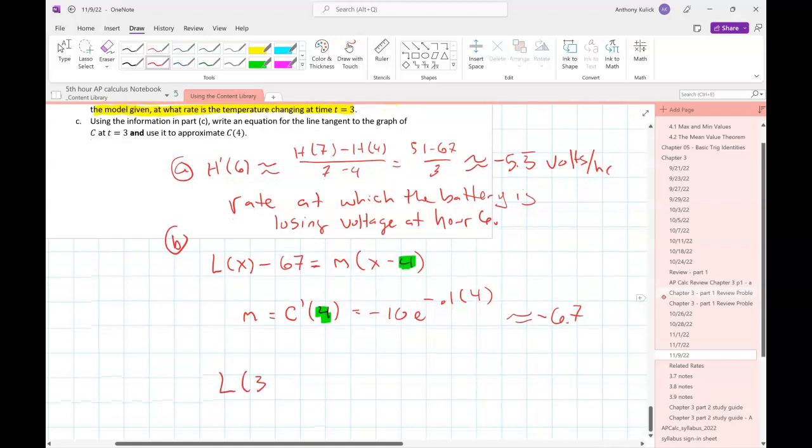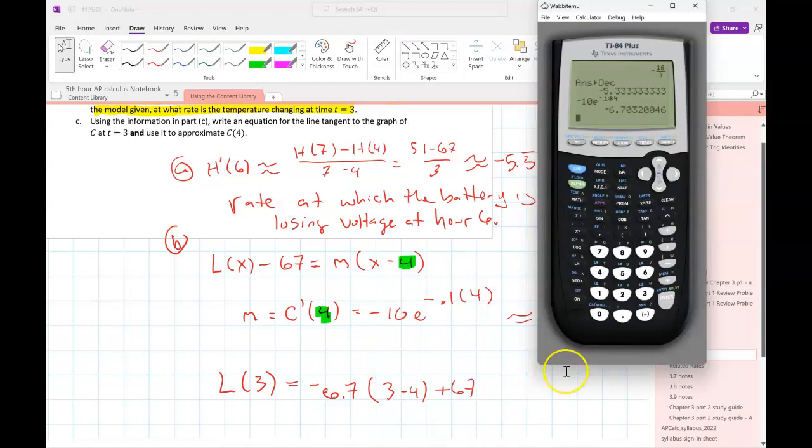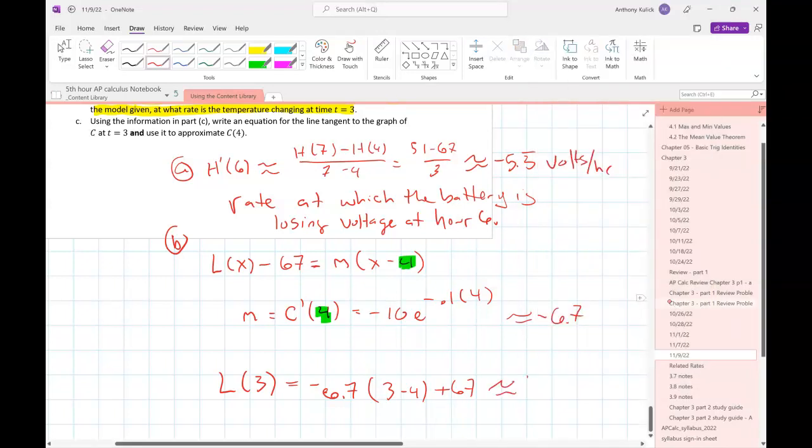So L of 3 then should equal negative 6.7 times 3 minus 4 plus 67. So approximately 73.7 volts.